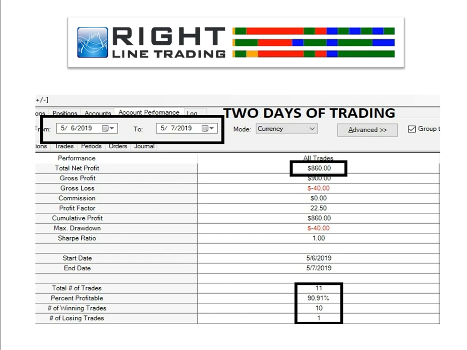Now, $860 is a modest figure. And if I wanted to trade more than 2 contracts, I could trade 4 or 6. But I keep the number small because I want everybody in the room to be able to keep up. And a lot of traders in the room have a small account. If you have a $5,000 account and you can make $1,000 a week, you're making 20% per week.